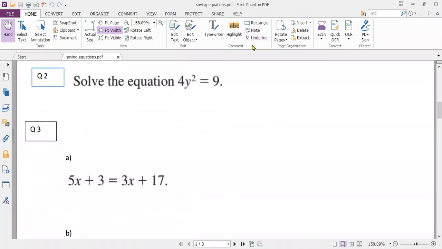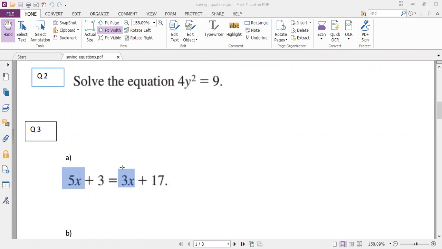What if we have an equation with variables on the two sides, the left hand side and right hand side, as you see? We have 5x on the left side and we have 3x on the right side. I want to get rid of one of these terms.